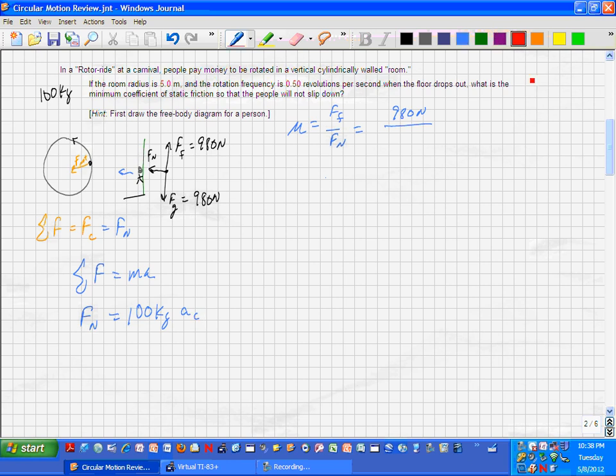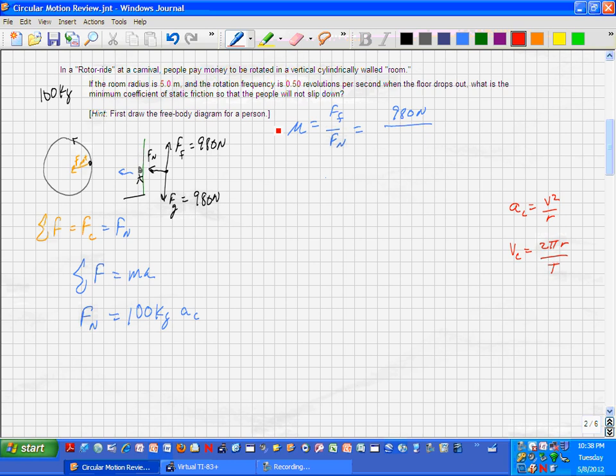I've got several equations I can use. I can go with a is equal to v squared over r. So that means I need to find the velocity. I wonder if I can do that. That velocity is going to be equal to 2 pi r over t.